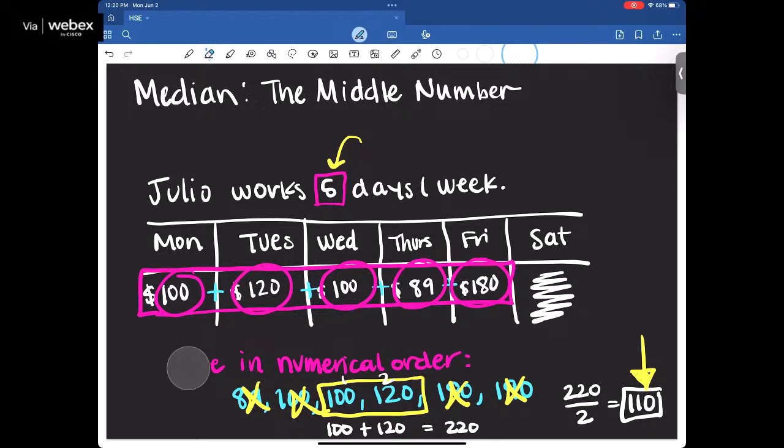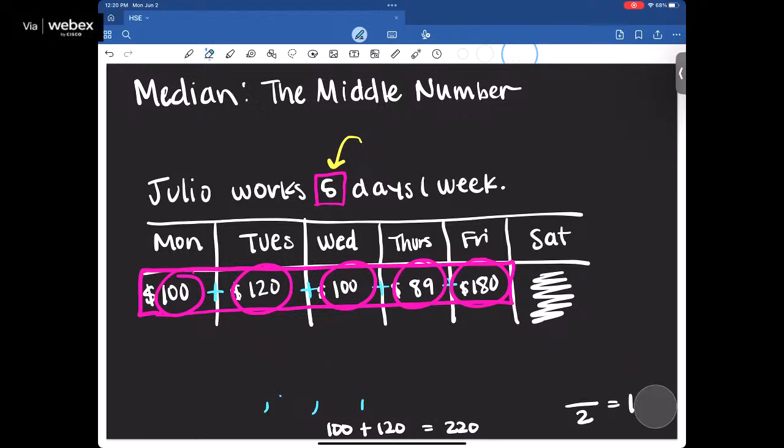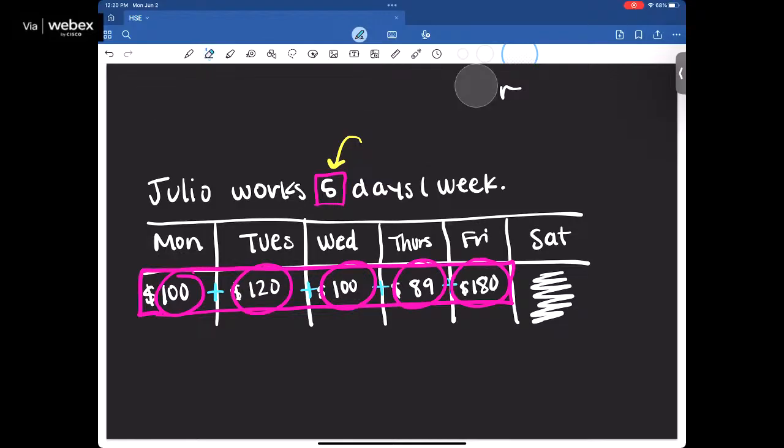Let us move to the mode. The mode is all about the number that is shown the most. So let's take a look at Julio's data set.